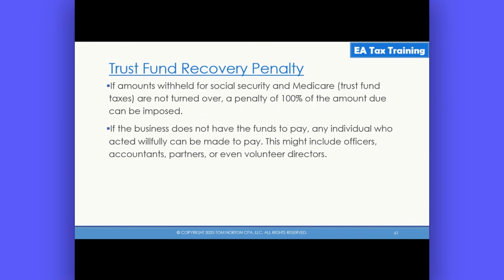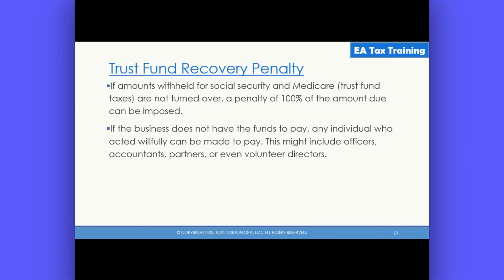If the business does not have the funds to pay that, any individual who acted willfully can be made to pay those amounts. So anyone involved with the business, if they were involved in not paying this money over to the government, can individually have to pay the amounts over and have to pay this 100% penalty. So basically, have to pay double the amount that was withheld.